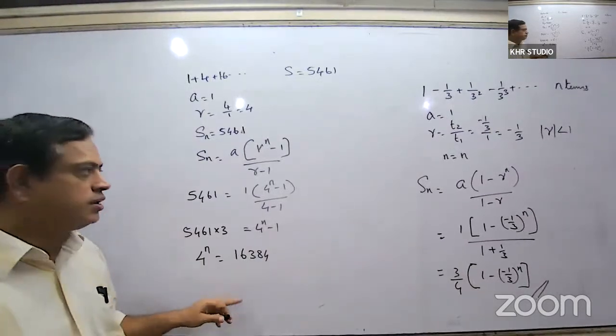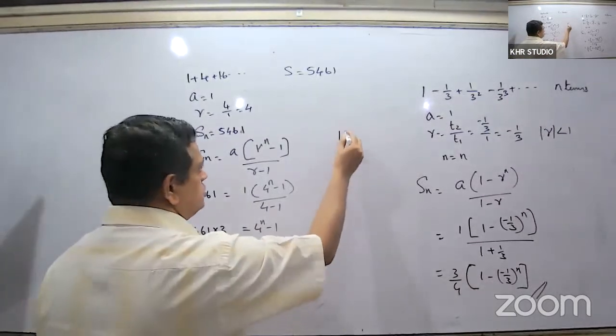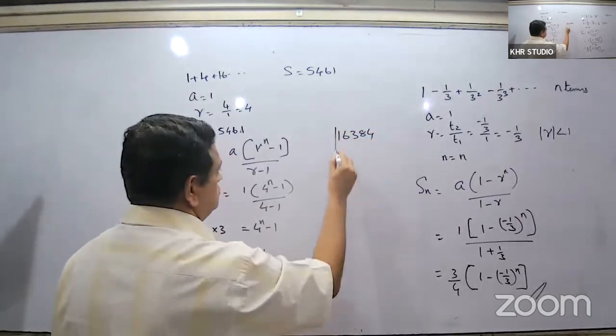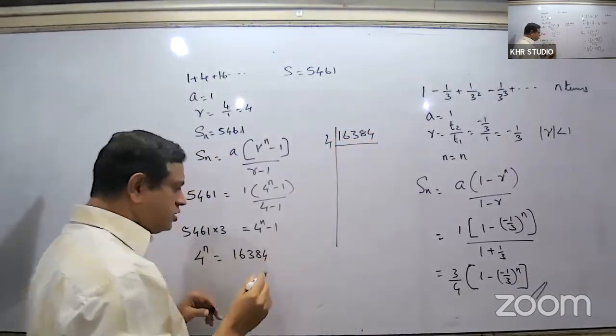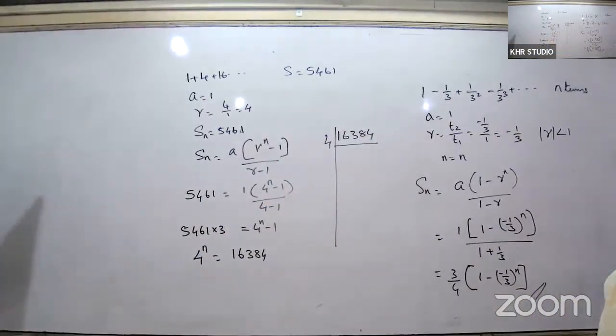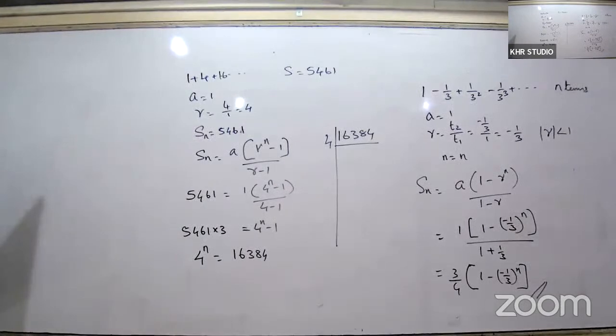Make the 4 power, factorize. Because it is 4 power n now, so make it a power of 4. Factorize in terms of 4. 4 raised to how much? How did you get this one factorized?